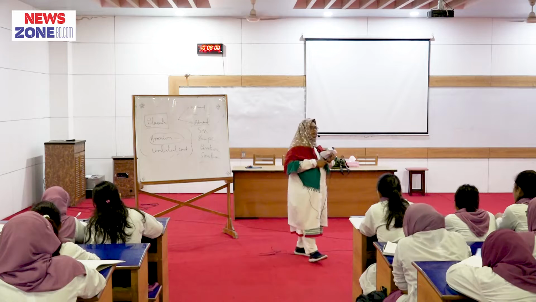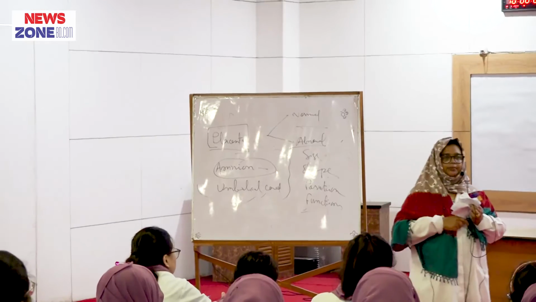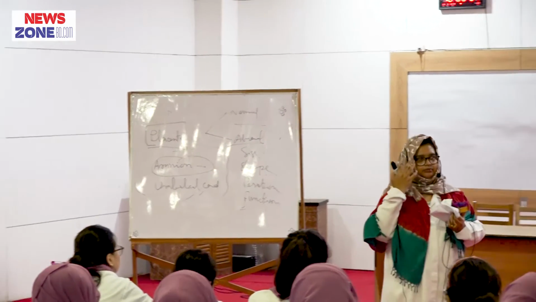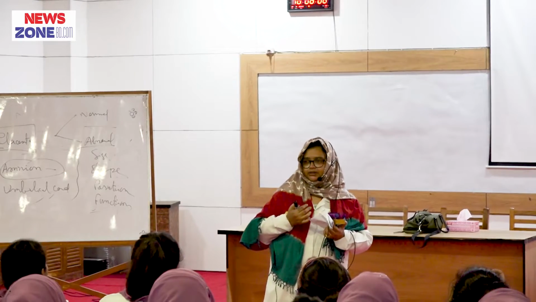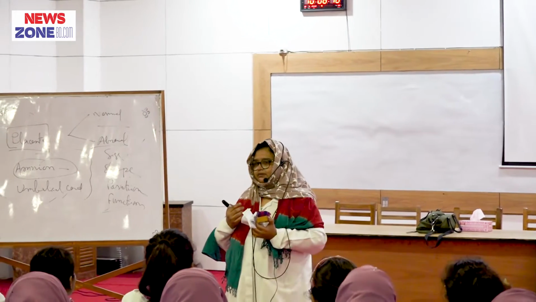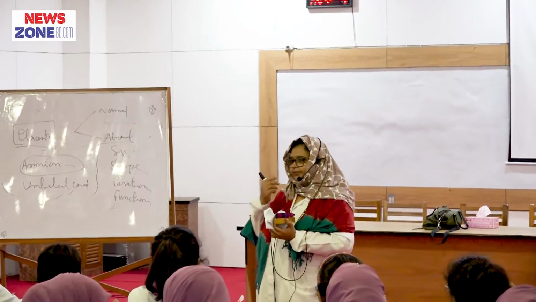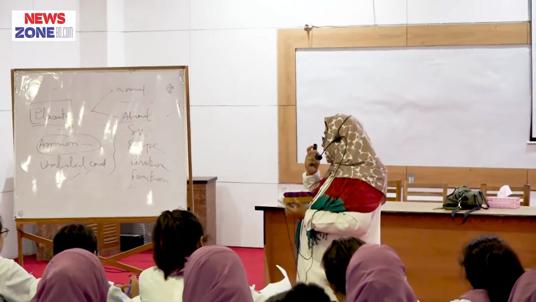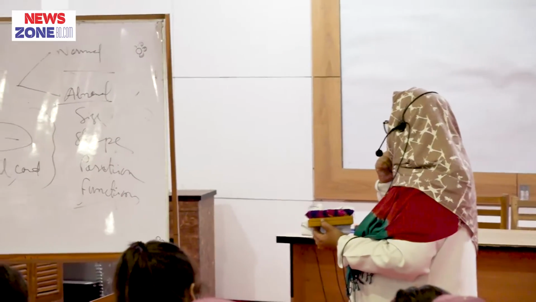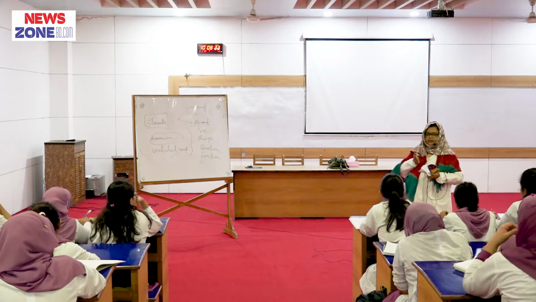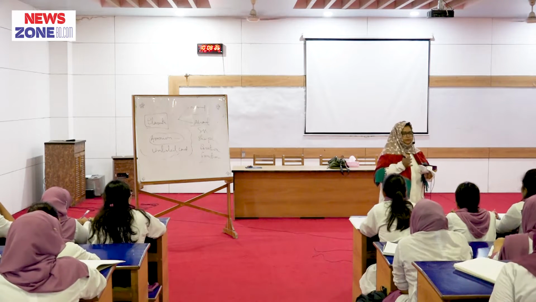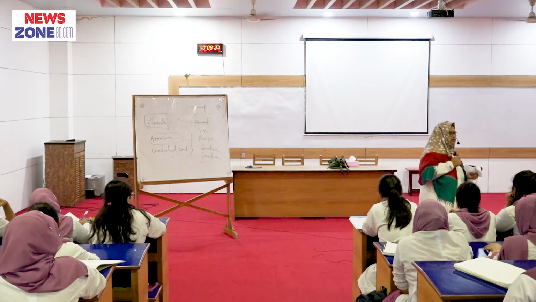Suppose how you know any person. Any person has some height, weight, shape, color, function, voice, like this. We can understand that he is that person. So placenta, how can we understand it is normal and abnormal? So it has definite size, shape, position and function.